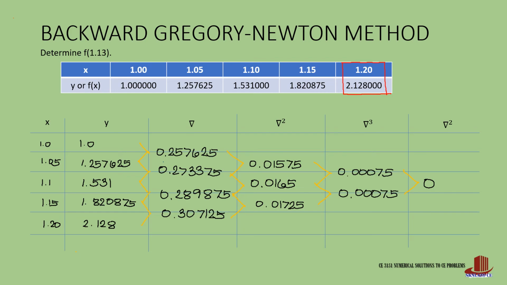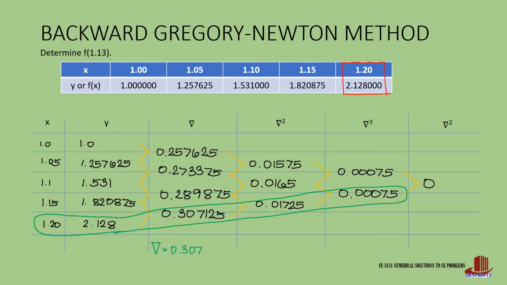That would be taken from 1.2, which would still be traced going up. So, our first level nabla would then be 0.307125. Nabla squared would be 0.01725. And that of the cube would still be 0.00075.